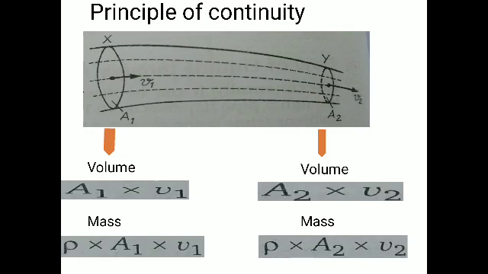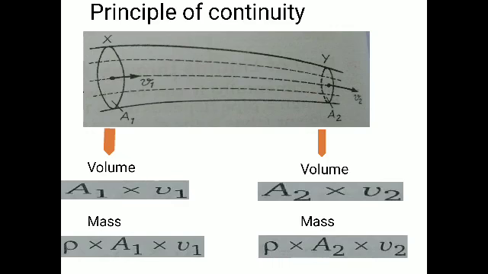Now according to this principle of continuity, when an incompressible and non-viscous liquid flows in a streamlined motion through a tube of non-uniform cross-section, then the product of the area of cross-section and the velocity of the flow is the same at every point in the tube.